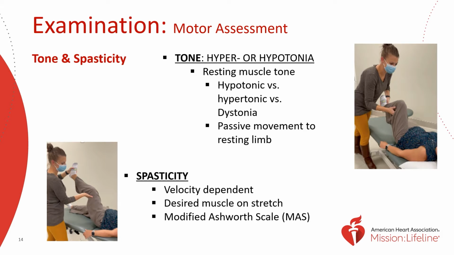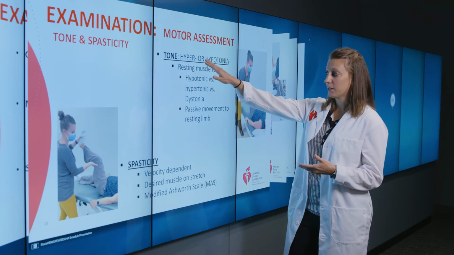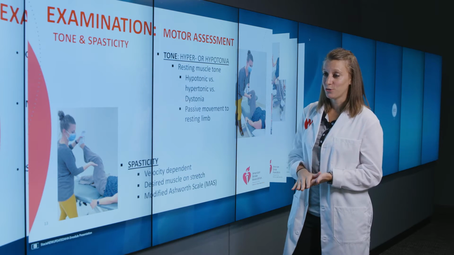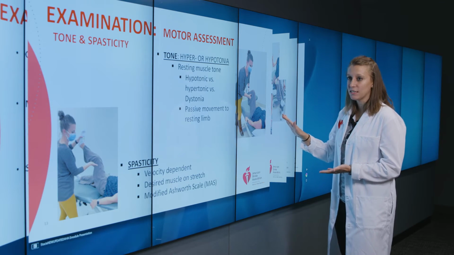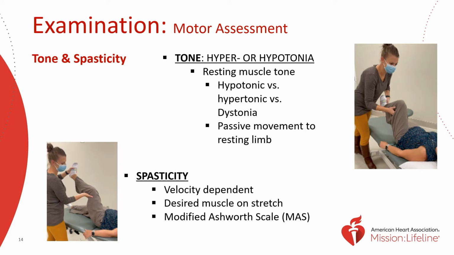Other common impairments include tone and spasticity, which may occur together or not. Tone, as we know, is simply resistance to passive movement. It's just an increased tone in a resting position. That is hypertonia. There's also low tone, which tends to occur right after the stroke and then can increase over time. And so just passively moving the limb to see if they have a change in their tone, versus spasticity, where we're really assessing the resistance to a velocity-dependent movement.